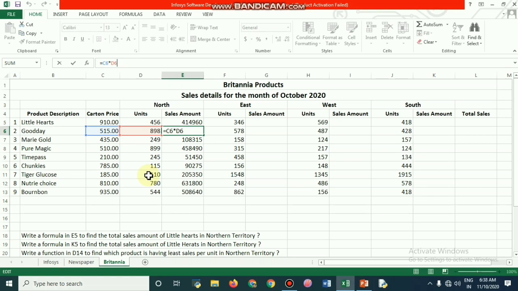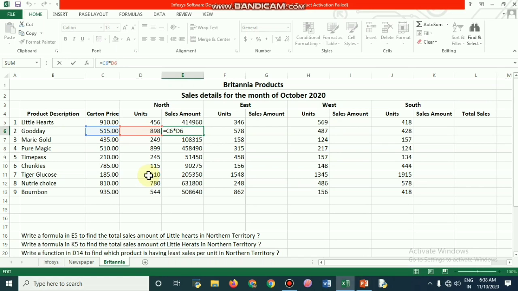What is it known as relative cell referencing? Relative cell referencing is where the cell addresses automatically get adjusted with reference to the current cell during the copying of the formula. Here the formulas are being copied down and the cell address automatically gets adjusted with reference to the current cell during the copying of the formula. This type of referencing is known as relative cell referencing.